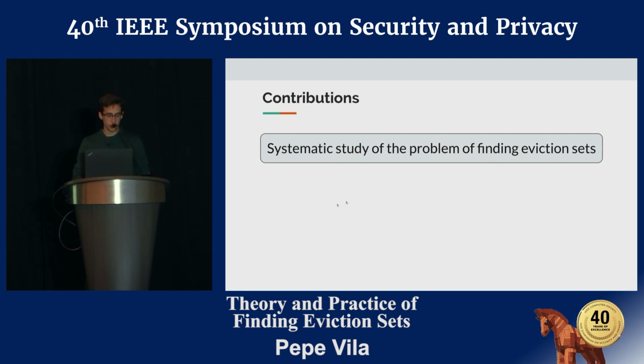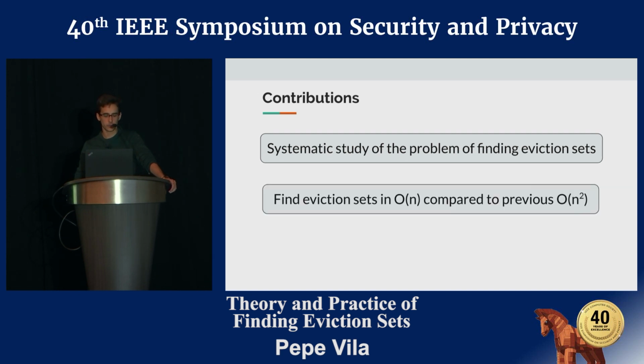The contributions of this paper are three. The first is that despite eviction sets having been extensively used in the past, there was no systematic study of the problem. So we provide this first systematic study on the problem of finding eviction sets. We also show novel algorithms that allow us to find these eviction sets in linear time, compared to the previous quadratic approaches.